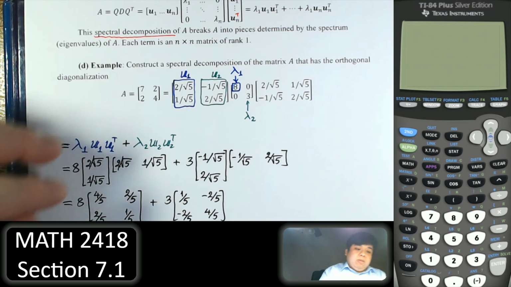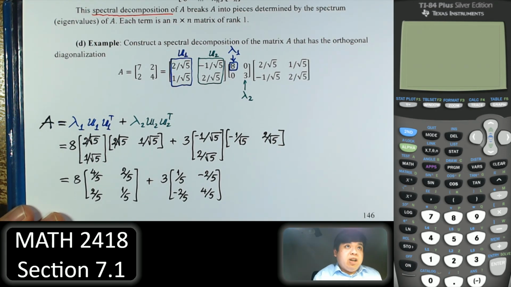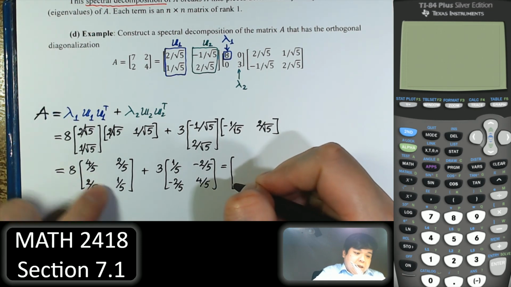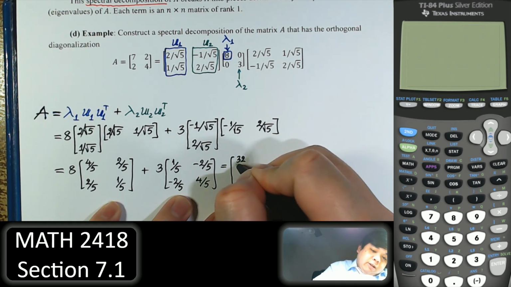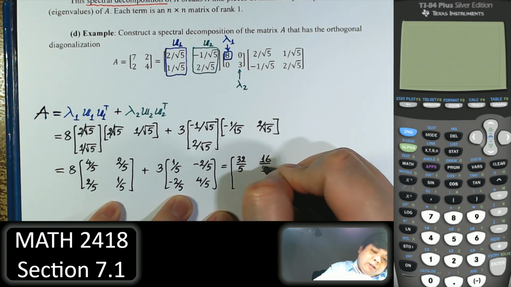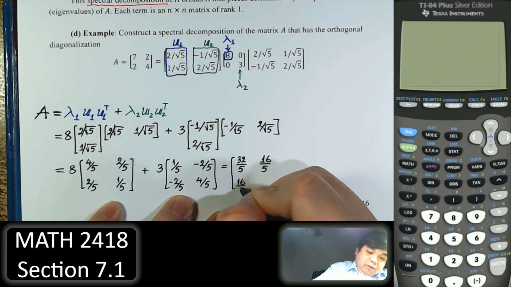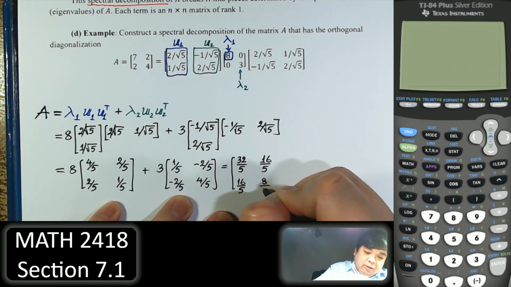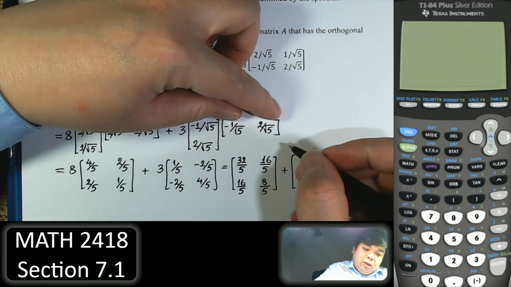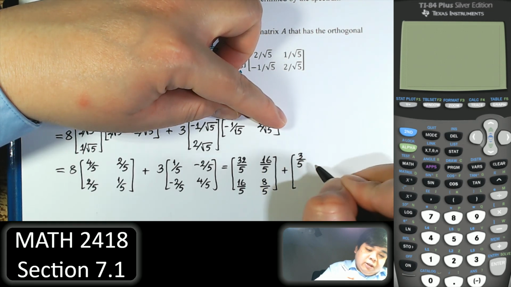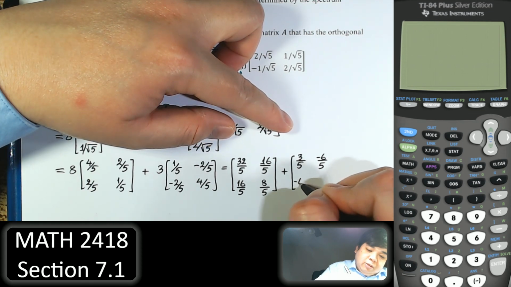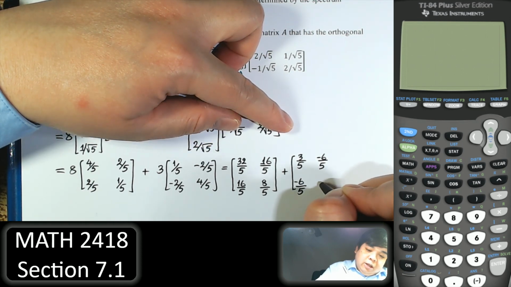Of course, you see, those are symmetric matrices themselves. Right, combined with 8, what do we have? 32 over 5, 16 over 5, 16 over 5, and 8 over 5. Then 3 over 5, negative 6 over 5, negative 6 over 5, and 12 over 5.